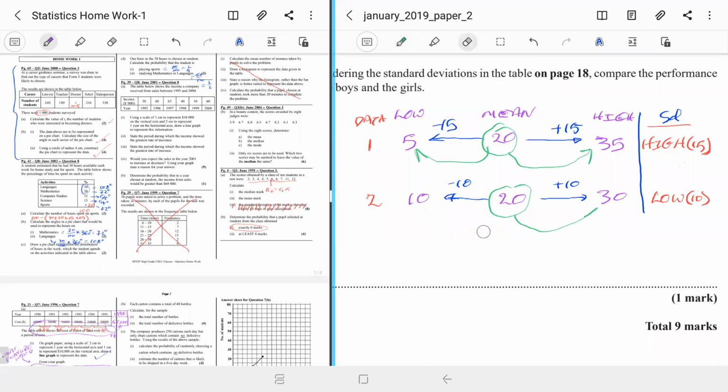So the words that you use are that these have a wider variation, or the data is more widely spread, the data spreads out more from the mean, more widely spread from the mean.